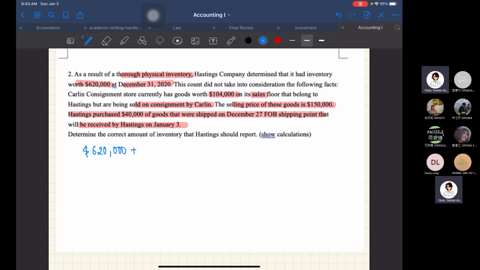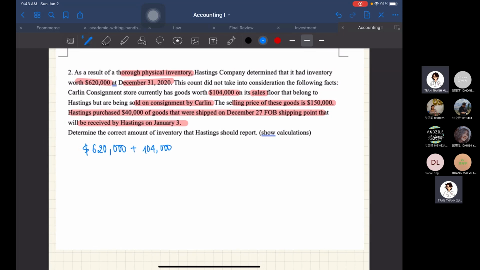That belongs to consignment or accounting. Oh, it's been sold on consignment, so we also put it on. Okay, the next one is... never mind, the selling price of this good is just information to help you understand the numbers.